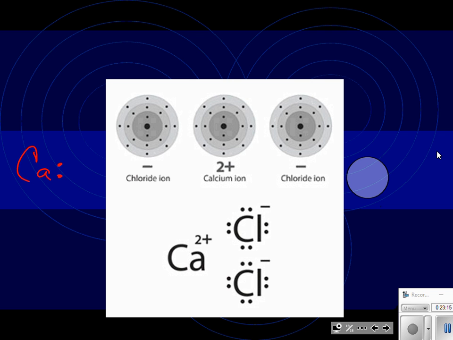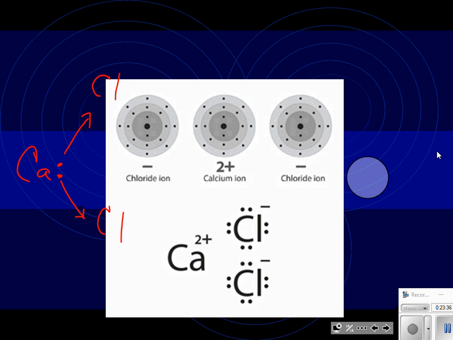Okay? Now, does it make sense then that it would give 1 electron to one chlorine, 1 electron to another chlorine? Does that make sense? Yeah.